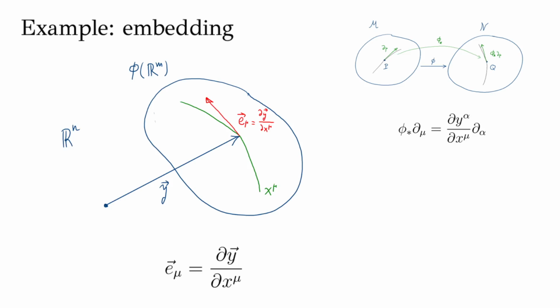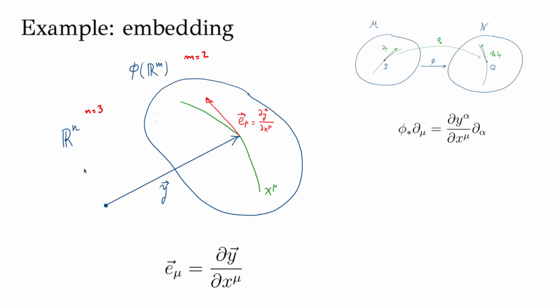Another example is to consider embeddings. And just to be more specific, let's consider embeddings of two-dimensional surfaces into the Euclidean space R3. So, in this discussion, m is equal to 2 and n is equal to 3. This, for example, could be the embedding of a two-sphere into R3.